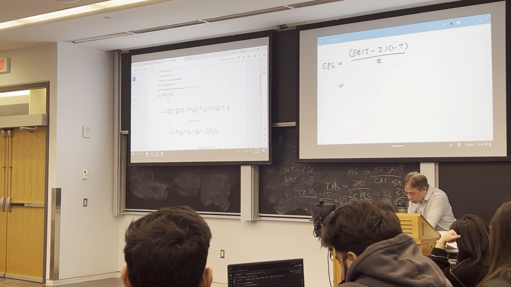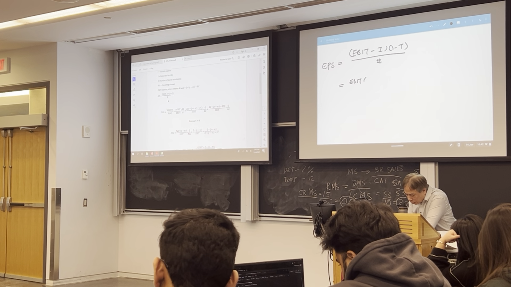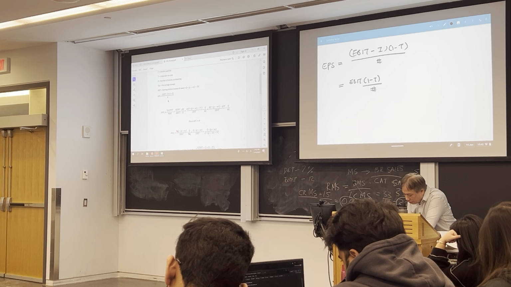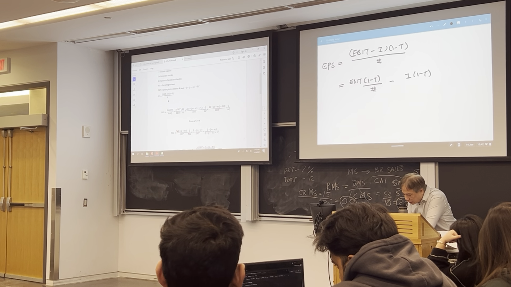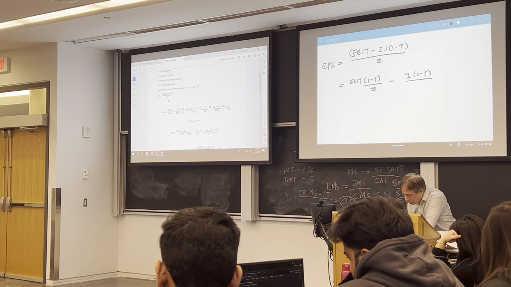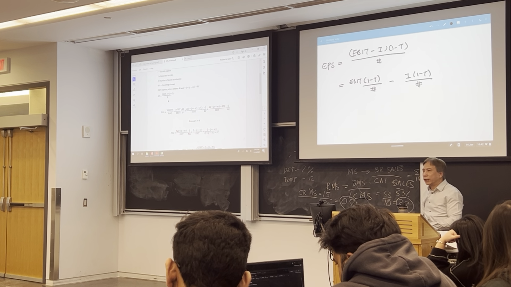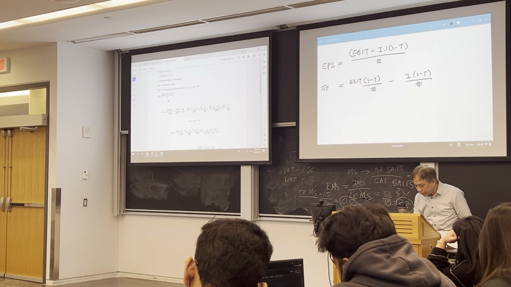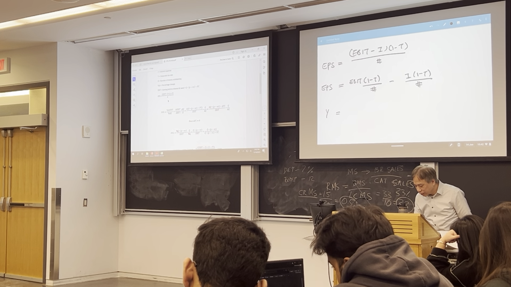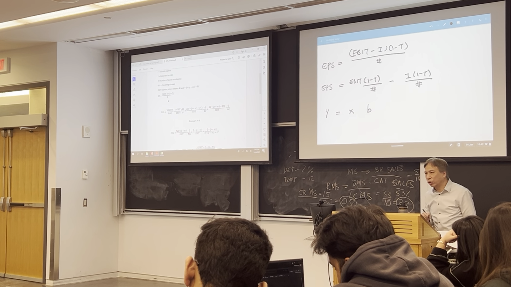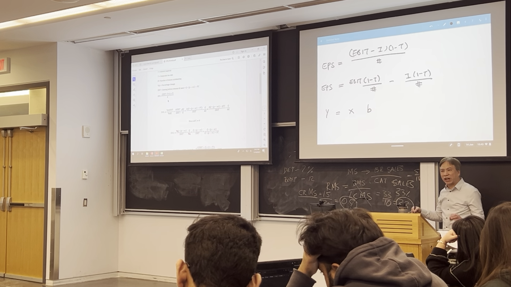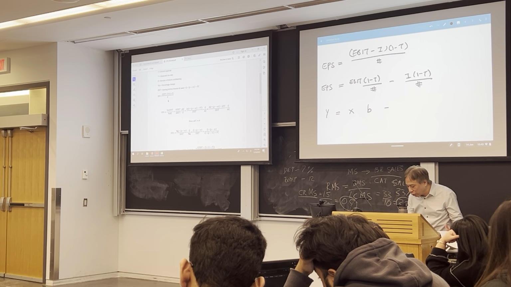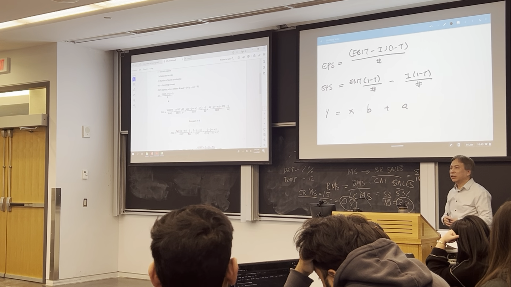If you rewrite the equation, you have EBIT times (1 minus T) divided by number of shares outstanding, minus interest times (1 minus T) divided by number of shares outstanding. Again, this is a straight line. This is your y, this is your x variable, and (1 minus T) divided by number of shares outstanding is your coefficient, minus this constant, the fixed interest payment.